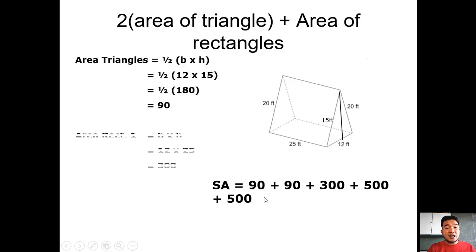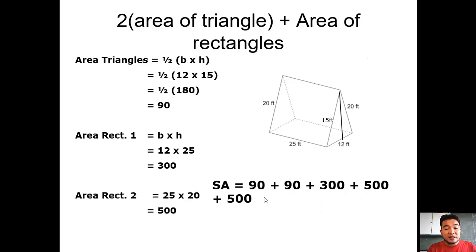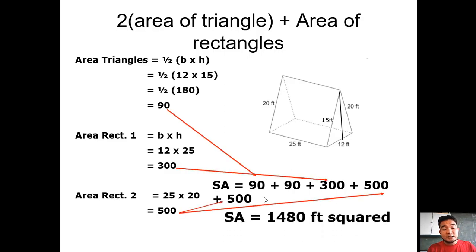So that is how we solve for the area of the plane figures: the area of triangles and area of rectangle 1 and area of rectangle 2. Okay. So we will have surface area which is equal to 1,480 square feet.